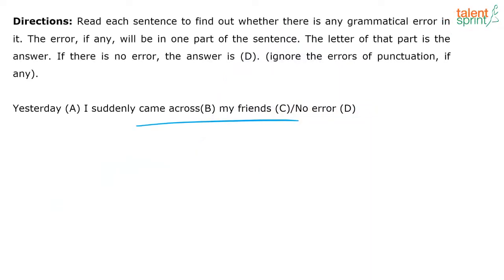I just happened to bump into my friends. That's the meaning that the context is giving. So why do I need that "suddenly" in part B? That is an unnecessary word there. The error is in part B where I delete "suddenly" because "came across" itself means by chance, accidentally.